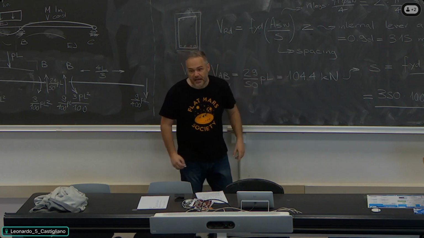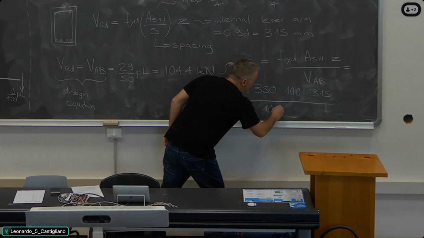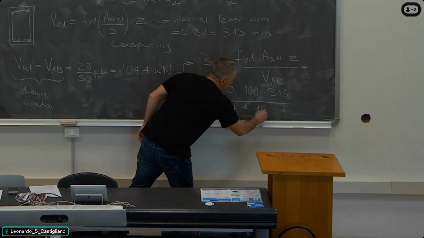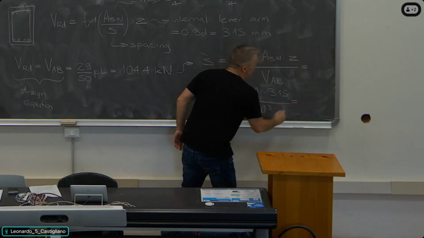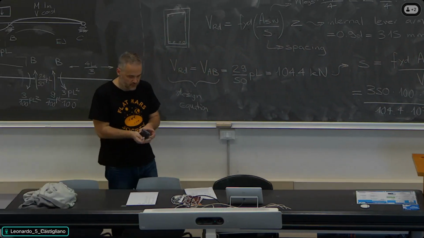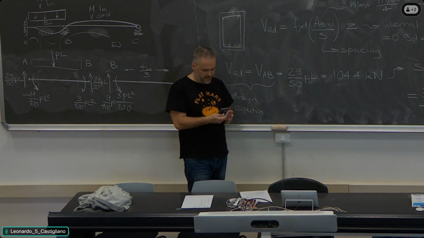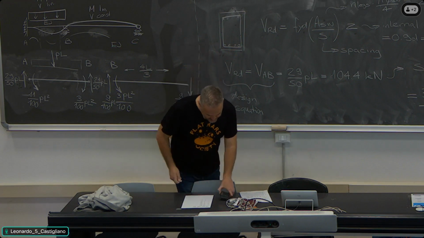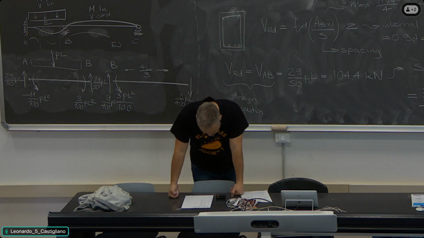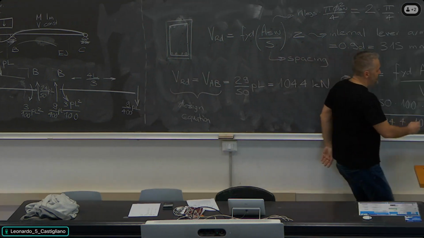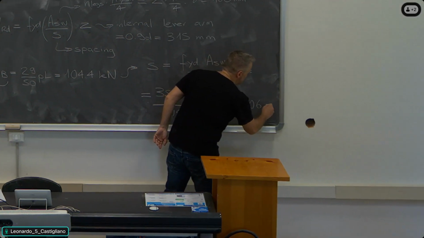Simply multiply it by 1000, so 104.4 times 10 to the power of 3. Let's do the calculations. So, 350 times 100 times 315 divided by... result is 105.6, which means 106 millimeters.